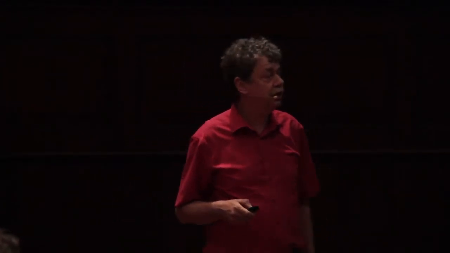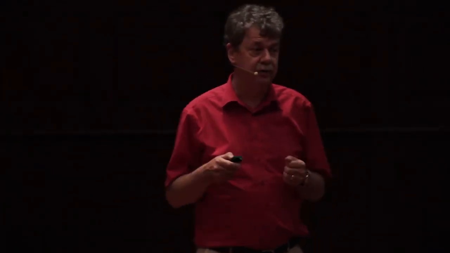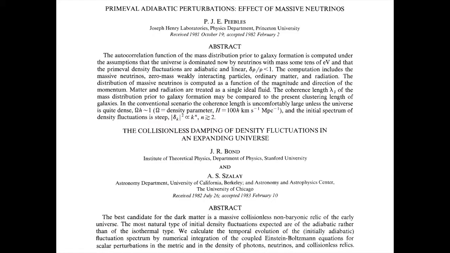So I think what really changed the game here were calculations which said if the universe is made of massive neutrinos, this is what the initial conditions should look like. And these were carried out about 1980. There's a paper by Jim Peebles, and then a paper by Bond and Szalay, which came out a bit later, but this work was basically going on in parallel at the time. And they calculated what exactly the initial conditions should be, how it should start.